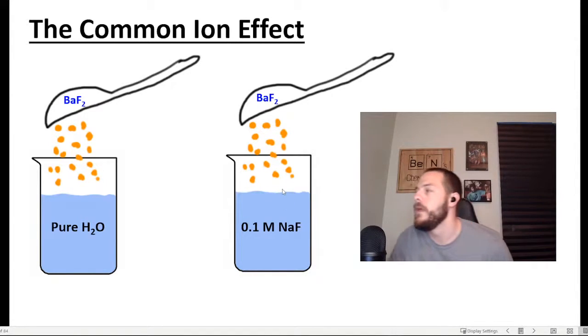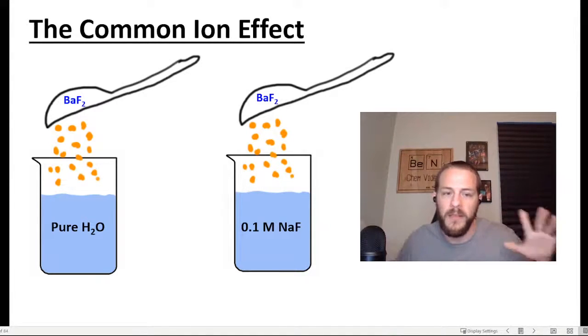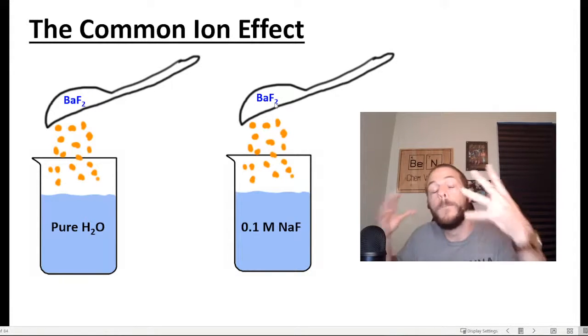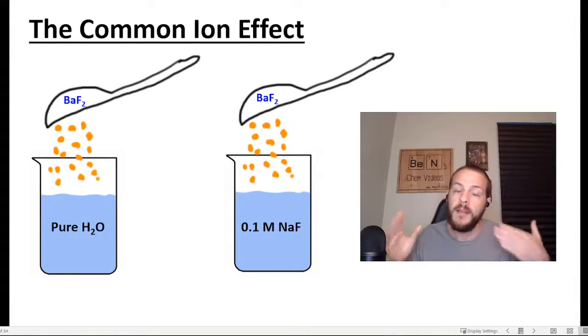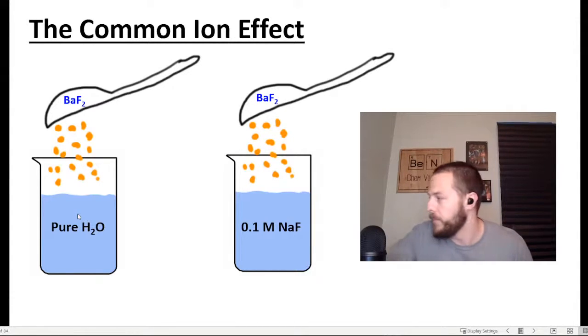My question is the following. Do you think barium fluoride is going to be more soluble or less soluble when you put it in 0.1 molar sodium fluoride than when you put it in pure water?